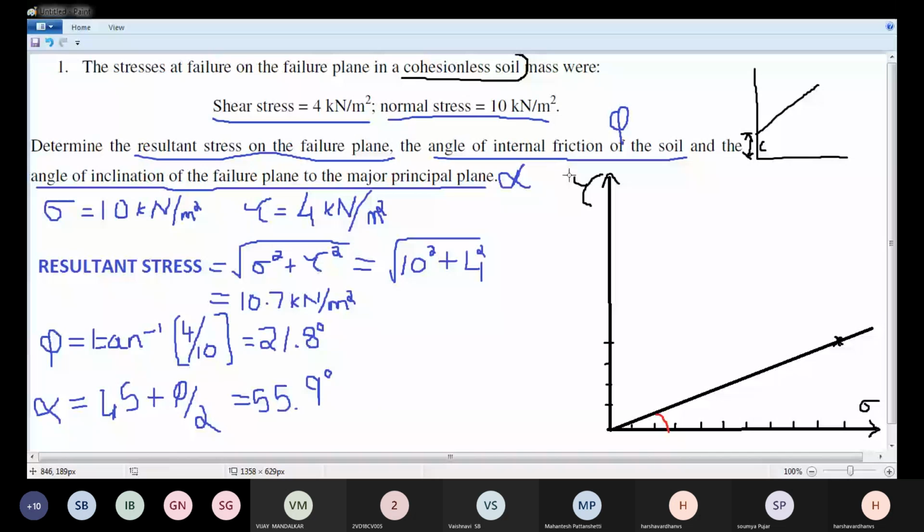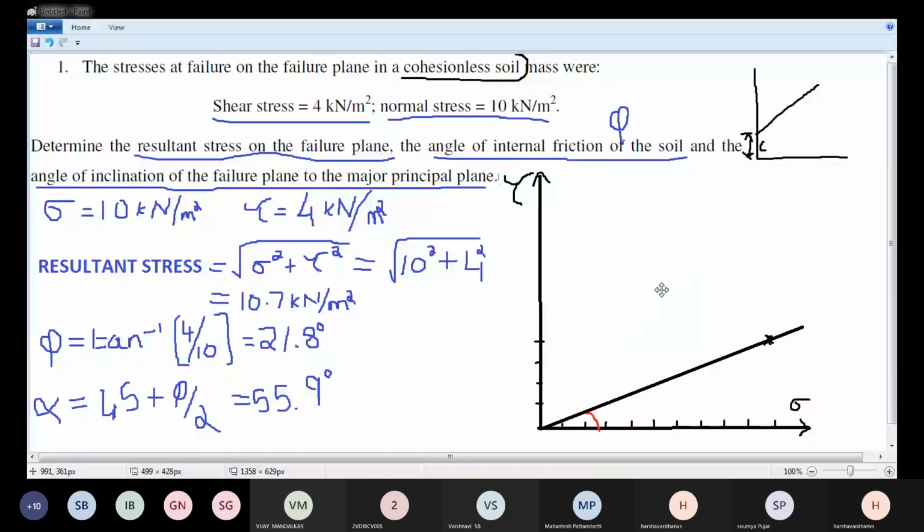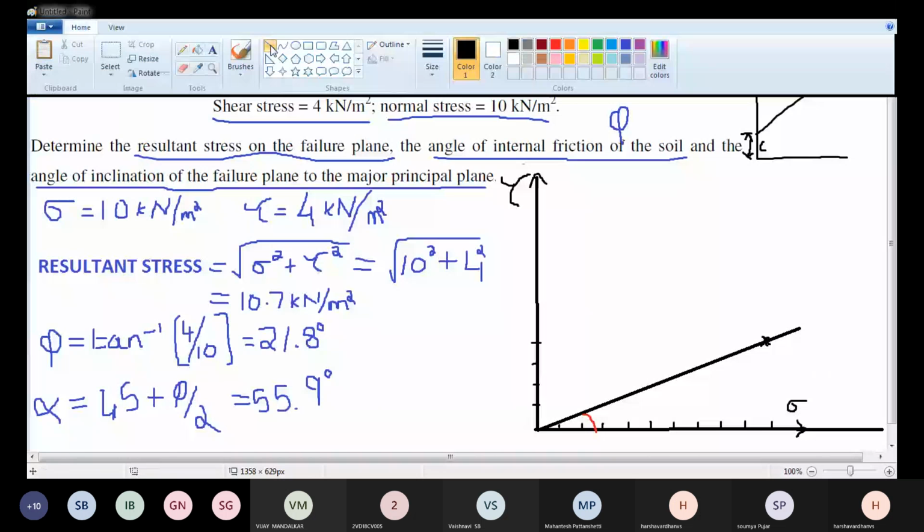Next, to find the failure angle, you have to draw the Mohr circle.